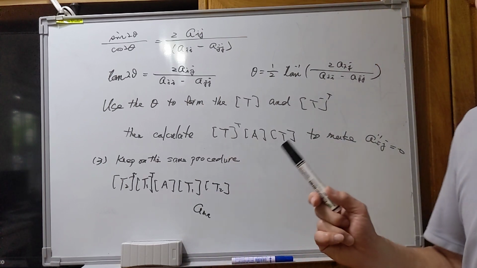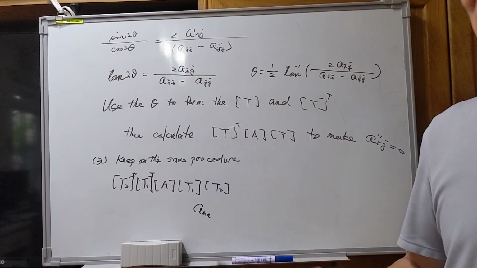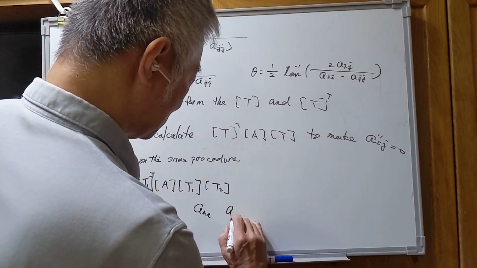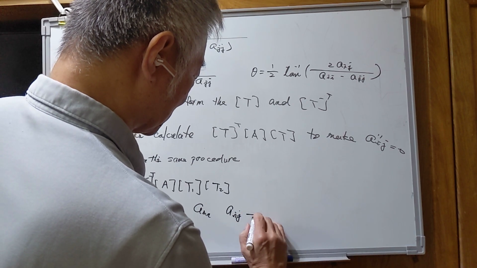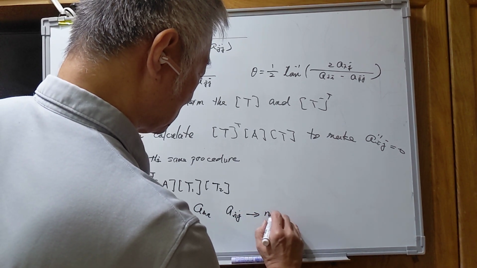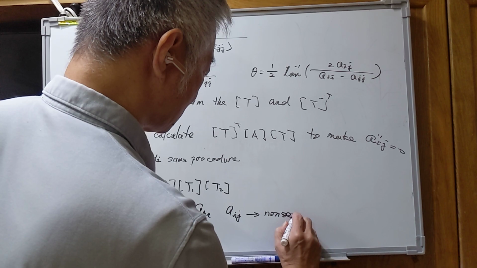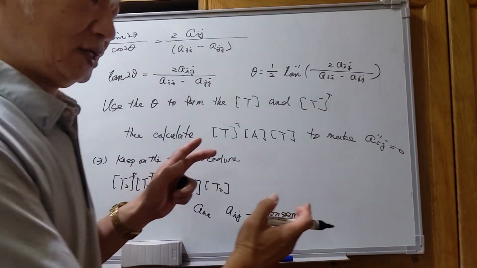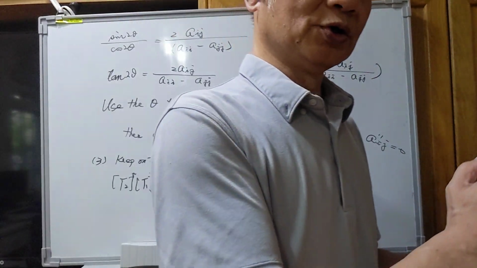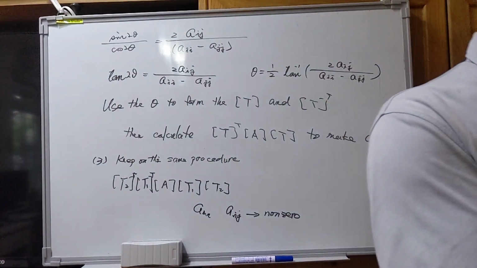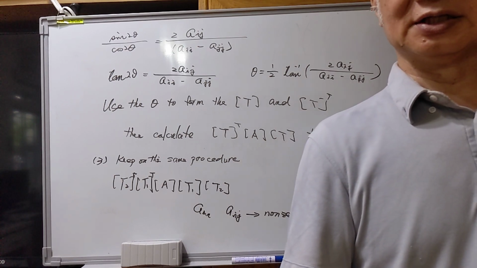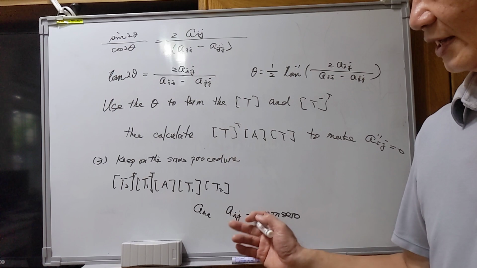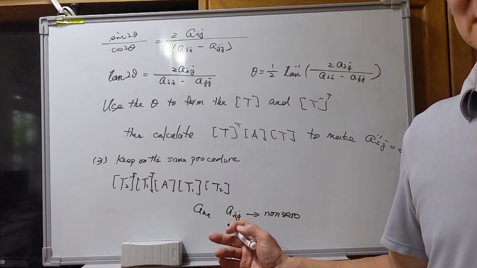But when we make A_mn equal to 0, A_ij will become non-zero, since the column operations and the row operations will also affect the A_ij element.